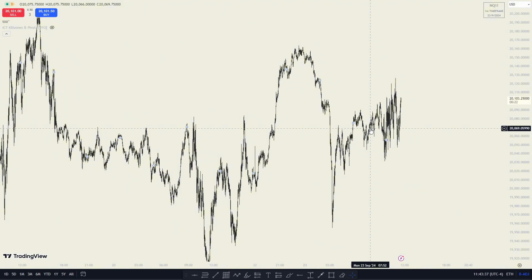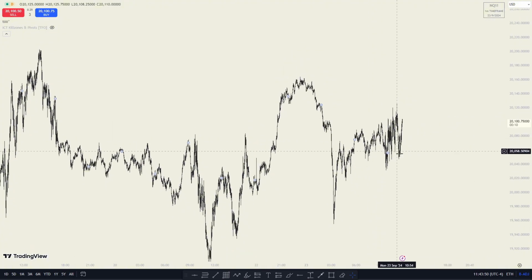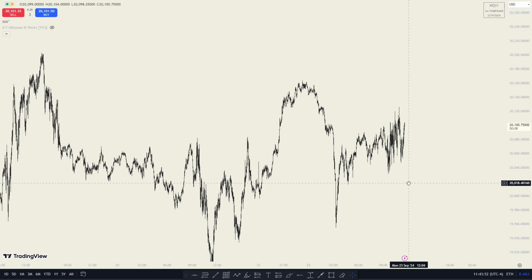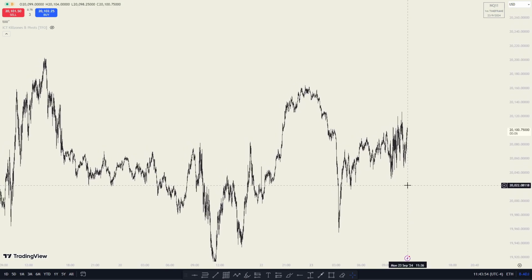Now we will talk about another tool that will help you to increase probability of your trades and to filter out the false ones. It's called SMT. SMT stands for Smart Money Tool or Smart Money Technique.